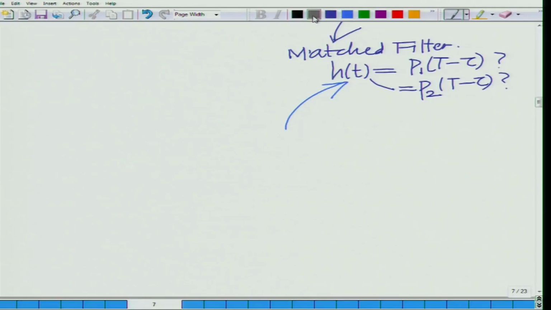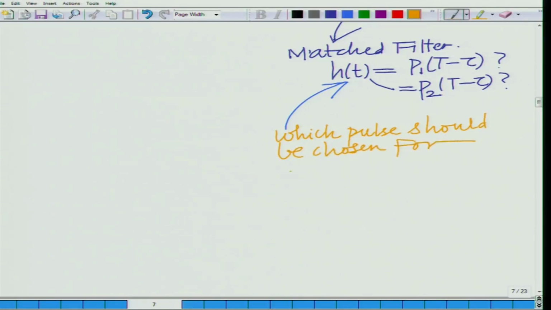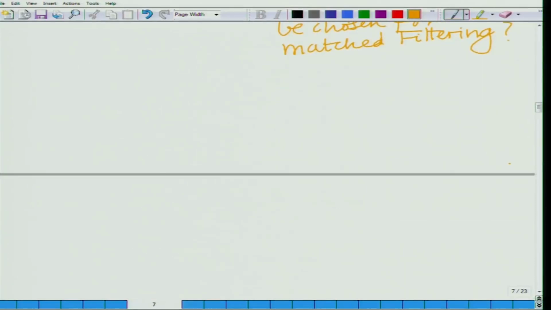That is the basic question that we are trying to address, and it is not immediately obvious which pulse should be chosen.